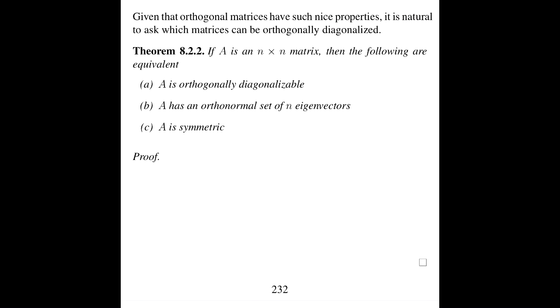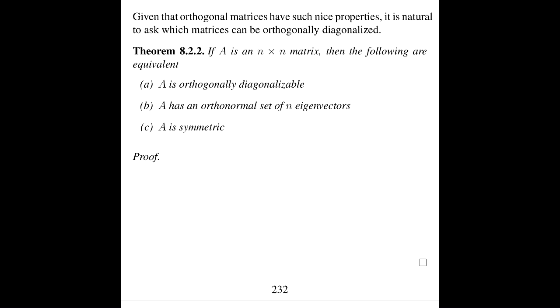It says if A is an n by n matrix, then the following statements are equivalent. Item A says A is orthogonally diagonalizable, B says A has an orthonormal set of n eigenvectors, and C says A is symmetric.